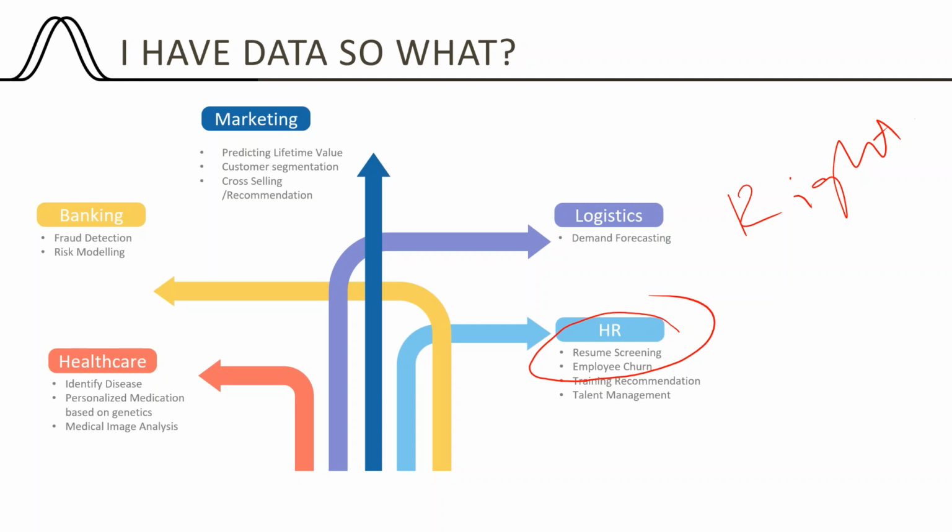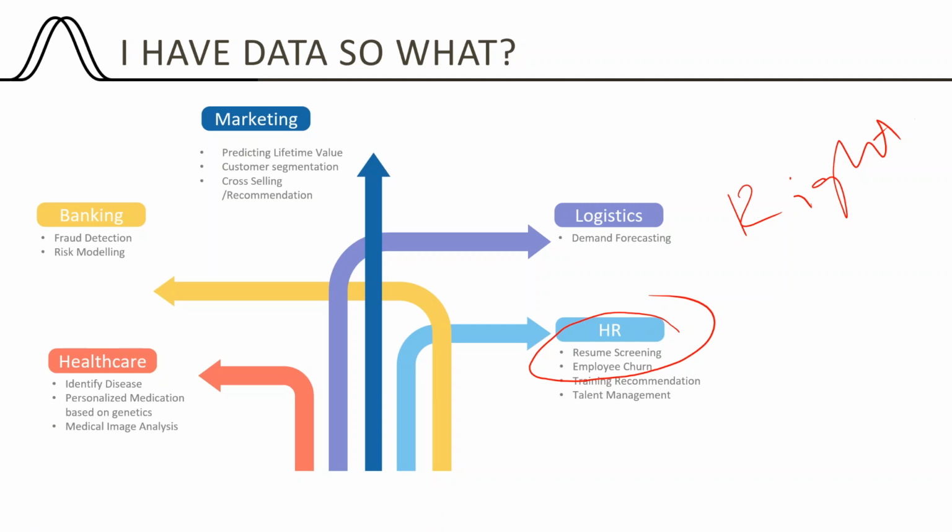Let's say they have a new role, they supply the job description to this algorithm. Based on this job description, the algorithm will go and rank all resumes, and it gets, let's say, the top 10, top 20 for the interviews. So this is saving a lot of human effort as well as a lot of cost.